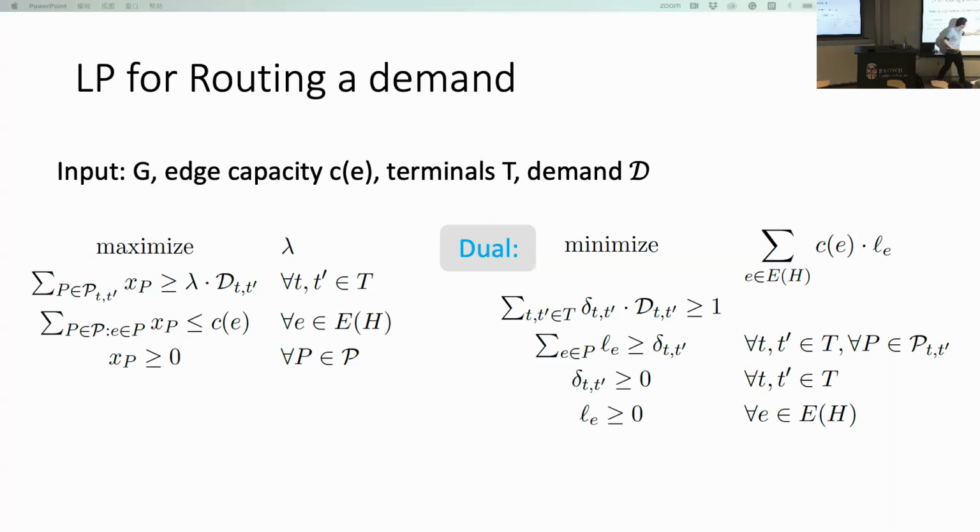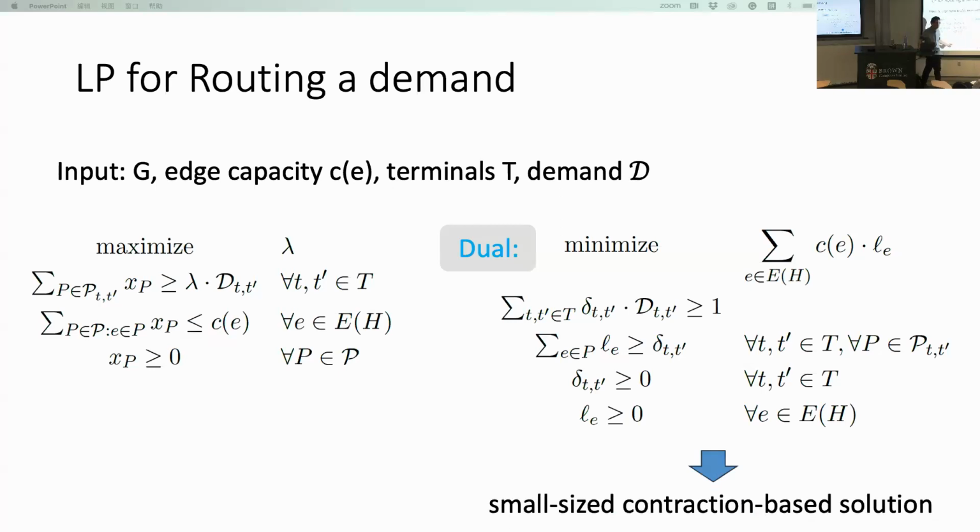Intuitively, the primal is maximizing the L-infinity norm of a vector, and the dual is minimizing the L1 norm of a vector. What we're going to do is take the dual, solve the dual, and turn it into a contraction-based flow sparsifier. This is the approach.